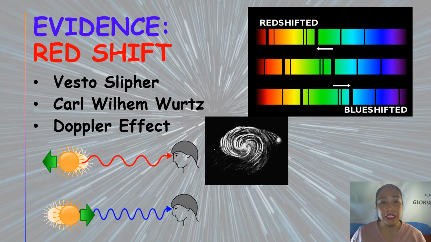Slipher and Wirtz then explained that the redshift, or increase in the wavelength, was due to the increase in the distance between the Earth and the nebulae. They concluded that the redshift occurred due to the expansion of space.